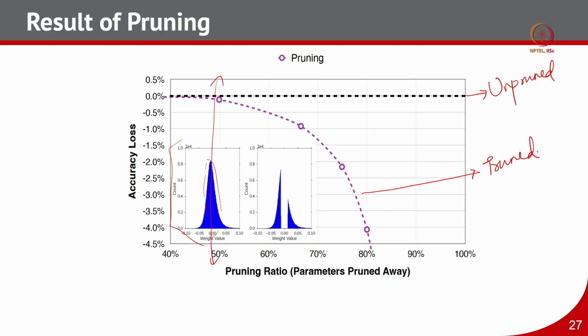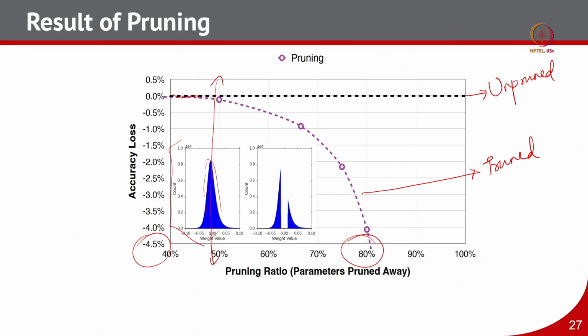As you can see, when we have a 50% pruned network, the accuracy loss is almost 0, right. This is the 0 line. But after pruning more than 50% of the network, the accuracy drops drastically, and when we have an 80% pruned network, the accuracy drop is like 4.5%, which is huge, right.